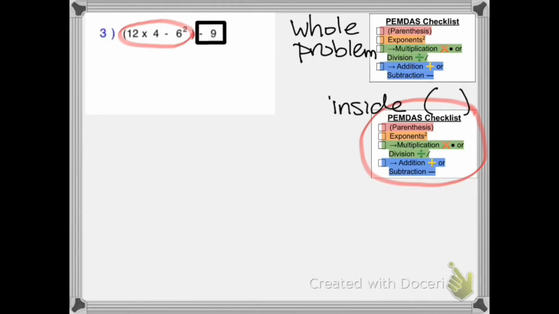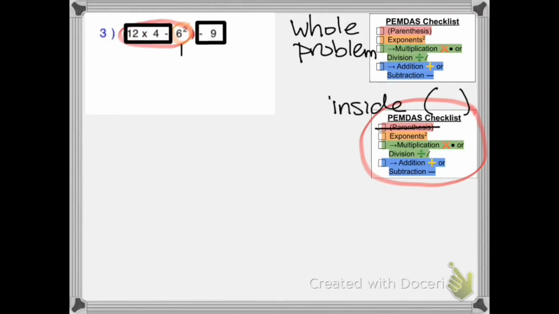All right, so looking inside my parentheses, I don't have another set of parentheses, so I'm going to cross that out because we didn't have that. I do see that we have exponents though. So I'm going to circle that, and I'm only looking at things inside the parentheses for now.